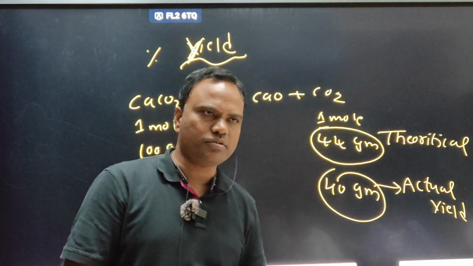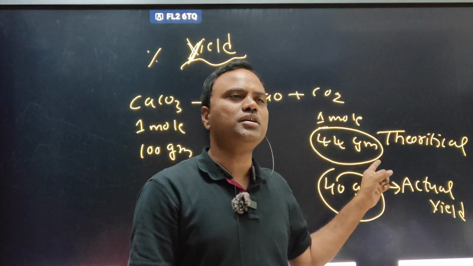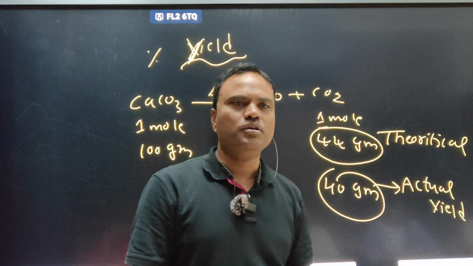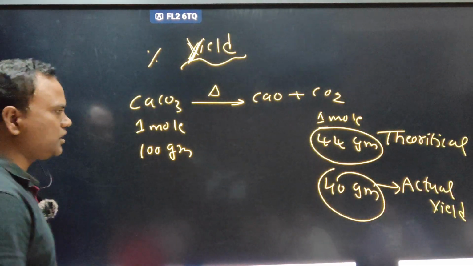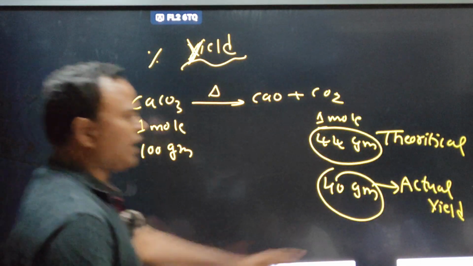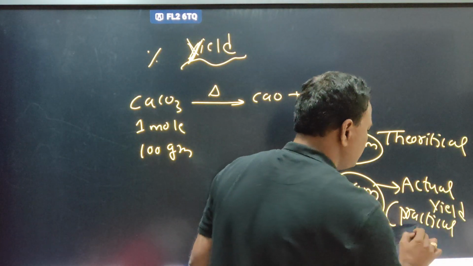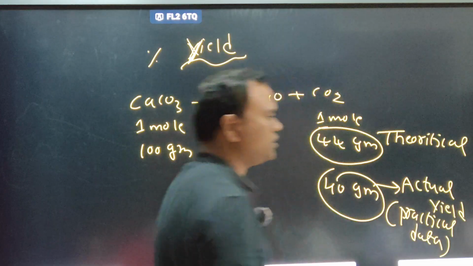Theoretically it is 44, but actually we are getting only 40. Actual yield means practical data, based on our experiment.